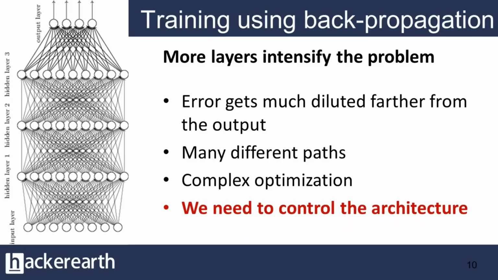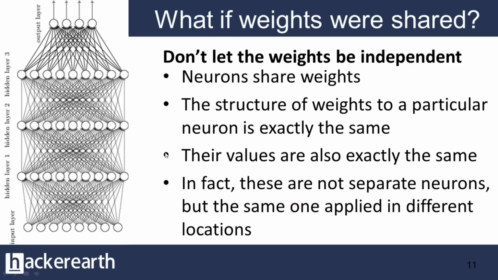So for that, let's look at some of these weights carefully. Okay, so one of the ideas is that let's not have the weights be completely independent. Let's share some weights. Let me give you an example of what that weight sharing means. So if you look at this particular neuron and it is connected to the previous layer, this neuron, the hidden layer 2, is connected to 3 neurons in hidden layer 1.